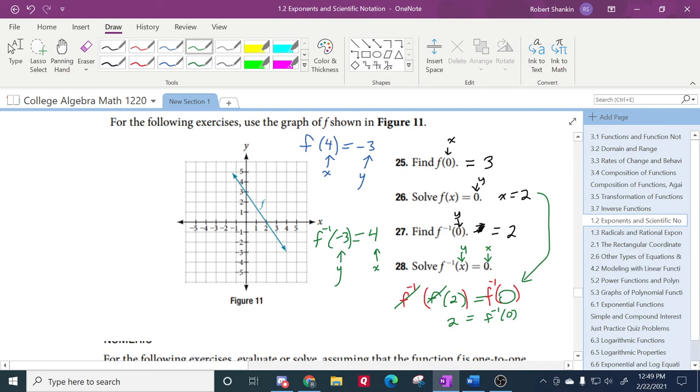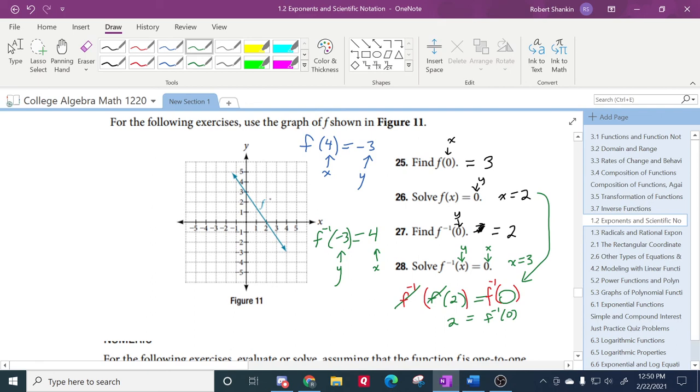So when the x is 0, the y is going to be 3. So this one is going to tell us x is 3. The y value 3 is associated with the x value 0 in this picture.